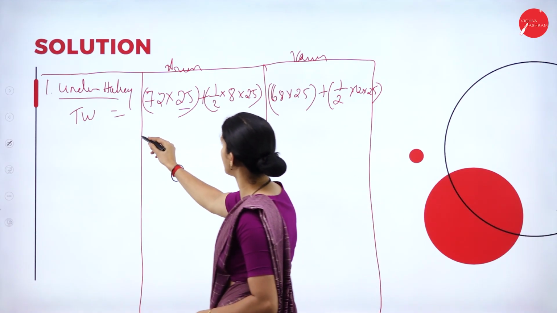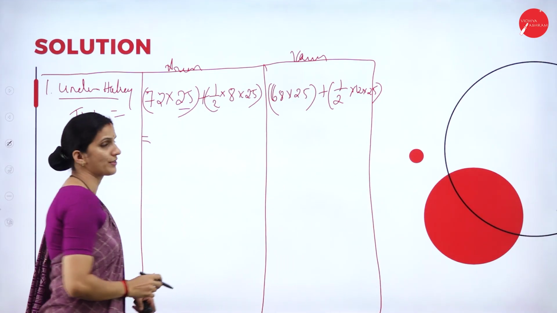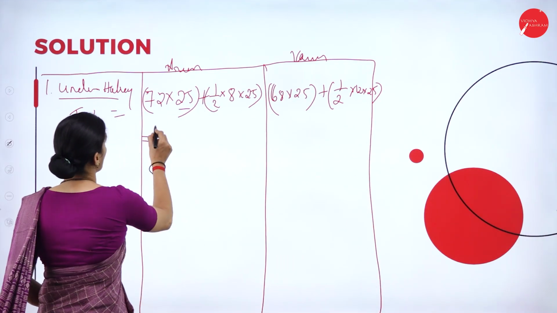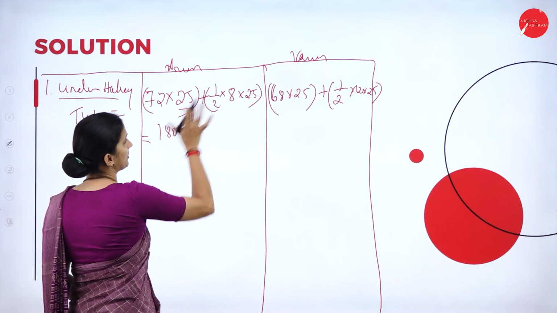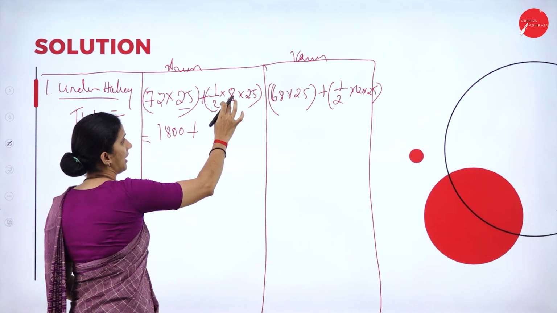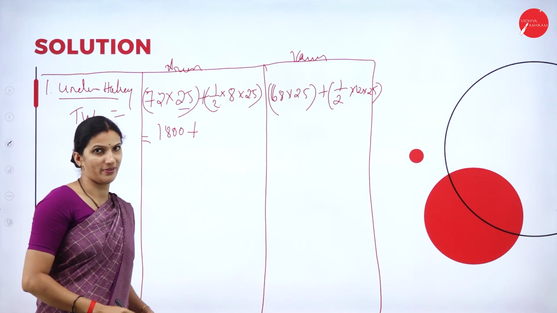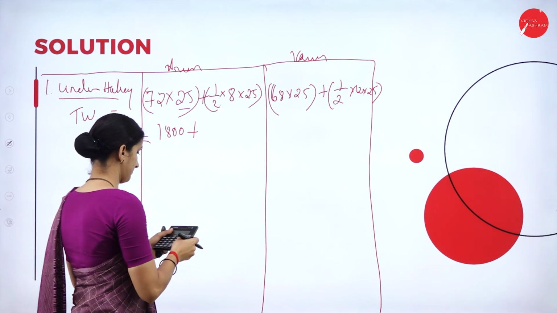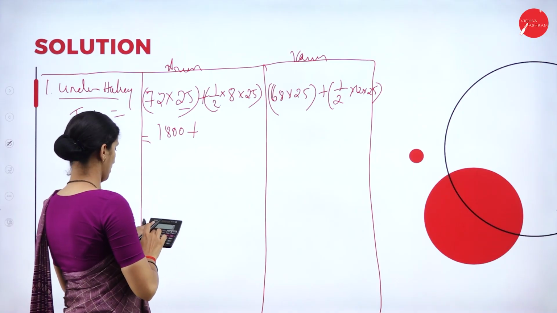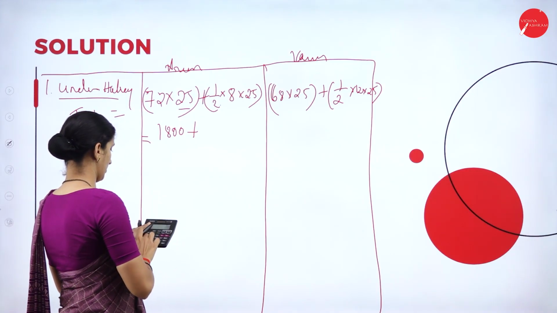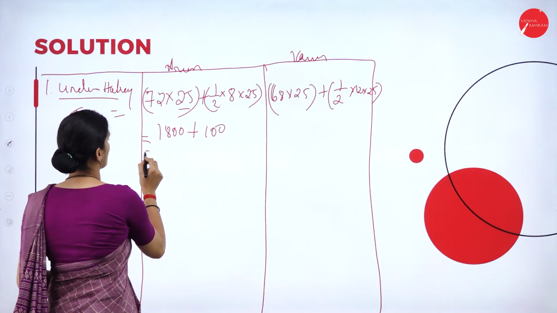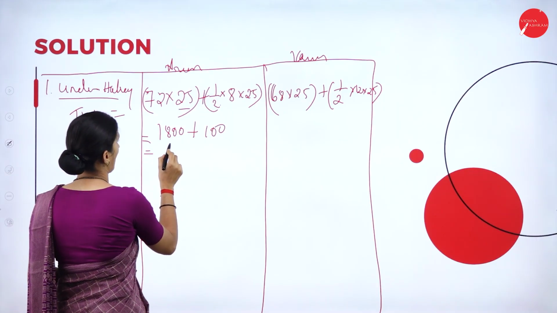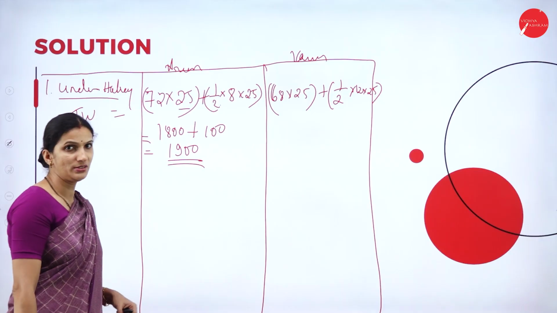Now simplify this one, 72 into 25. So here it is 1800, plus you calculate the bonus here, that is half of hours saved, 8 into 25. So 100 will be the bonus. So your total wage under Halsey's plan for Arun is 1900.